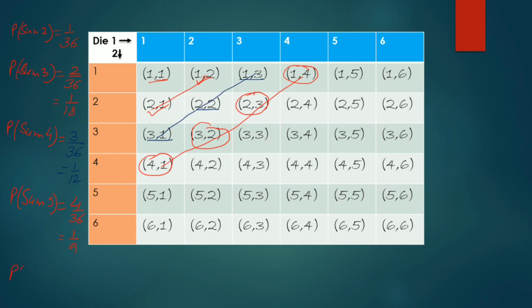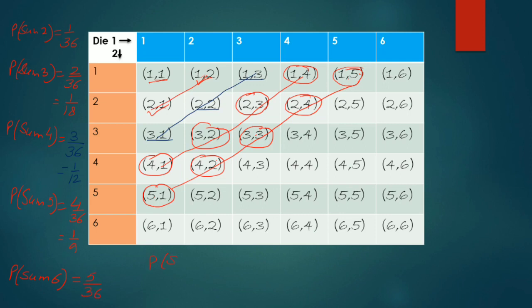Now the probability of sum on 2 dice as 6. 1 plus 5 is 6, 2 plus 4 is 6, 3 plus 3 is 6, 4 plus 2 is 6 and 5 plus 1 is 6. So we have 5 favorable outcomes, so the probability of getting sum as 6 is 5 by 36.